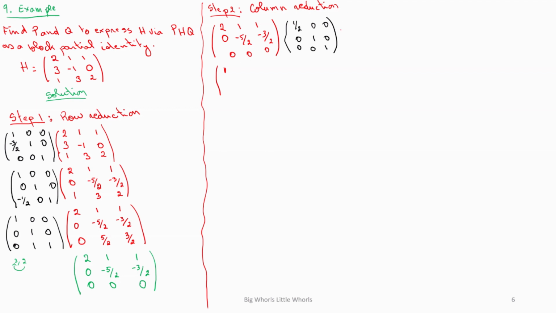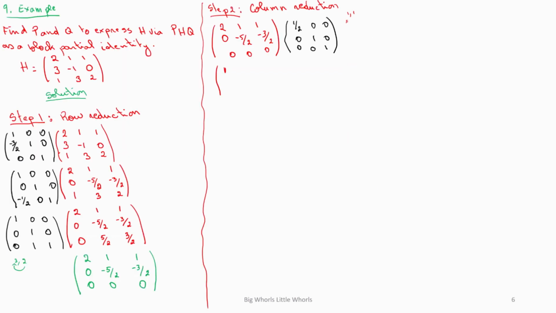If you remember, sorry, multiplying from the right, the position of a half here is first row, first column. So it's going to take column 1, sorry, we are working on the columns, and multiply column 1 by a half.